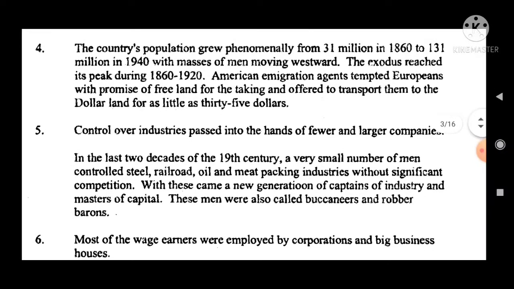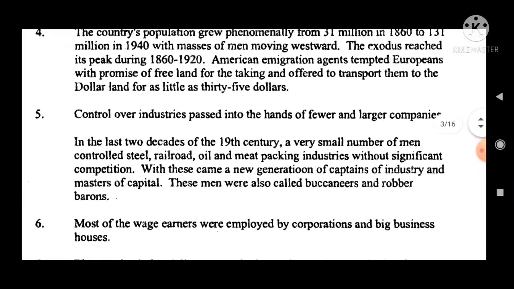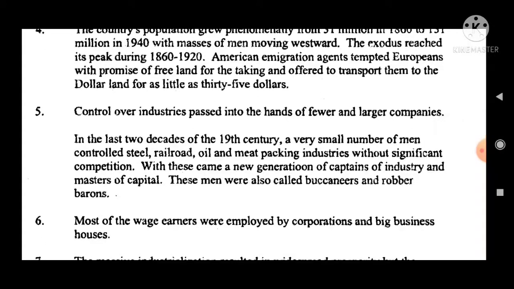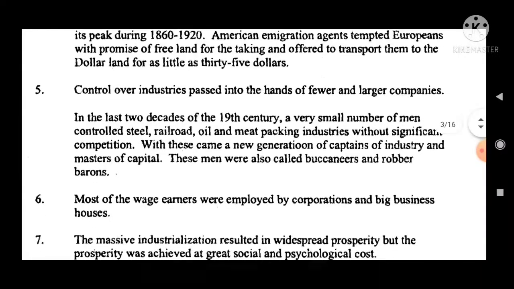The exodus reached its peak during 1862 to 1920. American emigration agents tempted Europeans with promises of free land for the taking and offered to transport them to the dollar land for as little as $35.